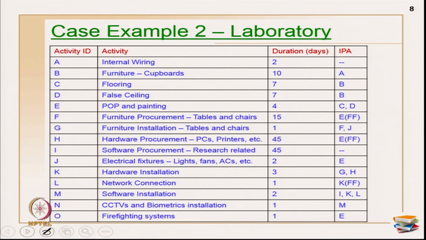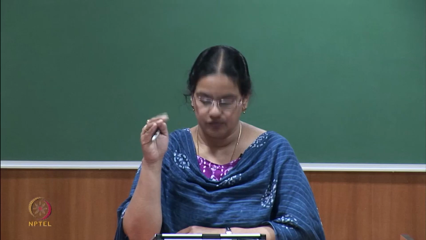Internal wiring generally takes 2 days, so that all the wirings are hidden inside the rooms. Next, furniture cupboards, because that was a customized option for us, and to know the height and to fix the full length of the cupboards. The cupboard was planned till the ceiling height and was planned to be done first.